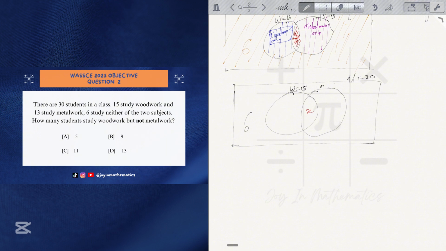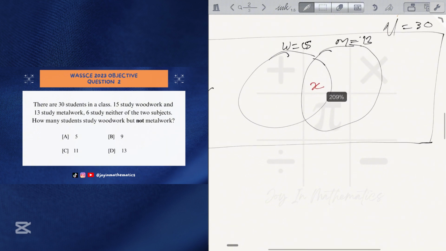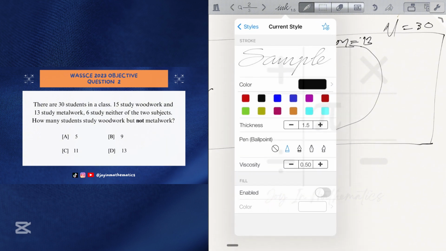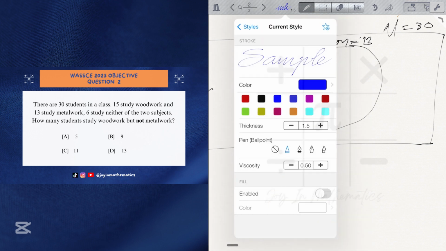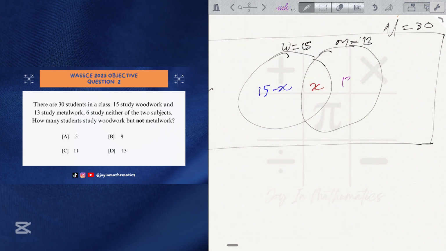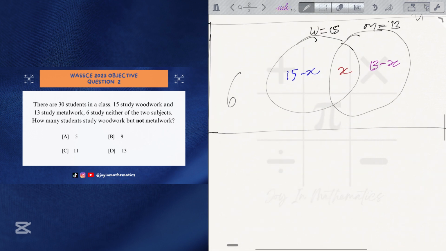Metalwork is equal to 13. So those that study woodwork only will have the expression, since the whole circle of woodwork is equal to 15, then this will be 15 minus x. And since this whole circle here is equal to 13, this will be 13 minus x. So we can change the ink of this so that we'll understand where we are coming from. So 6.